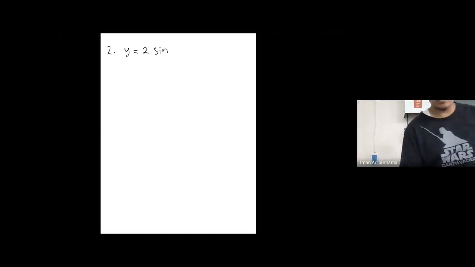Okay, number 2. Number 2 is what? The amplitude, right? So y is 2 sine.